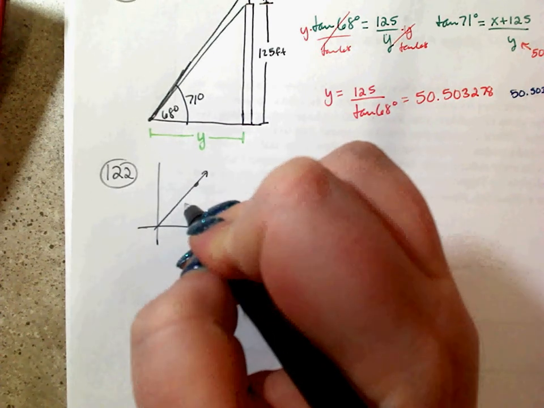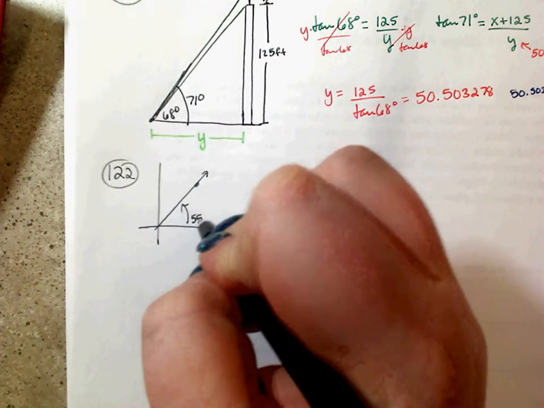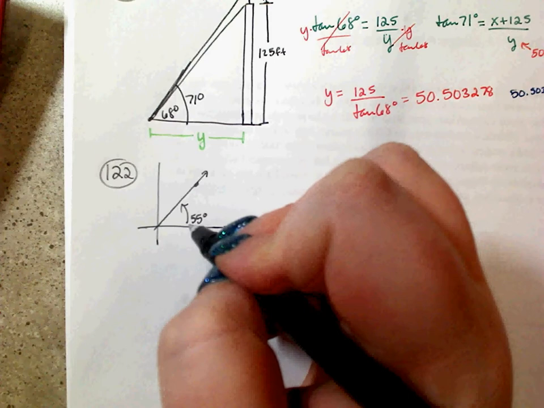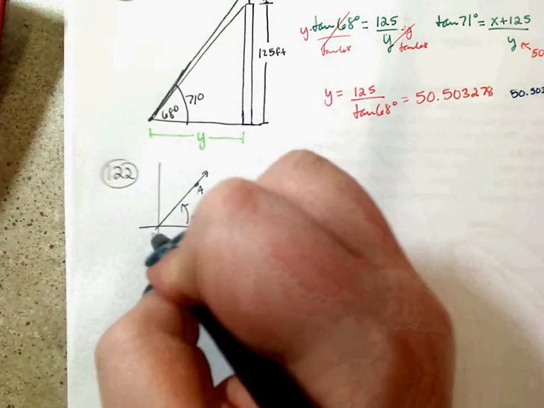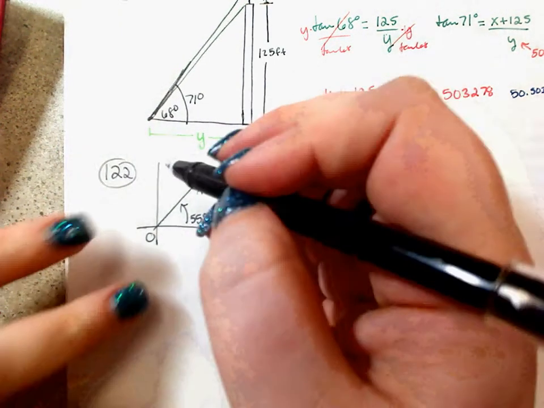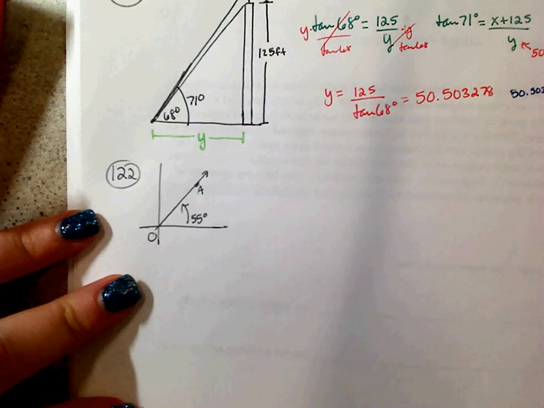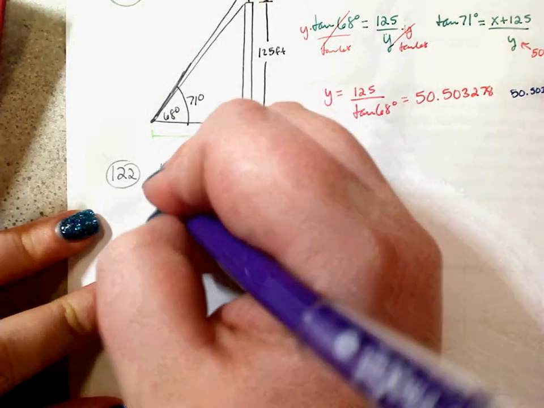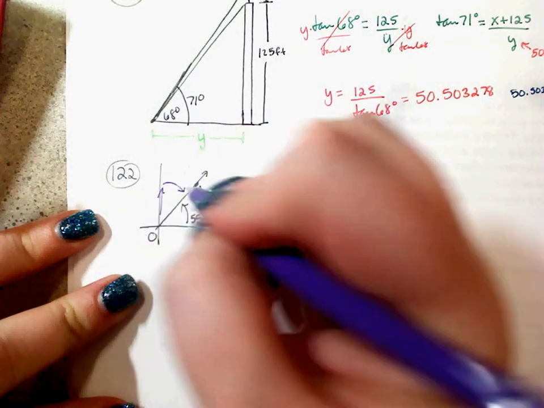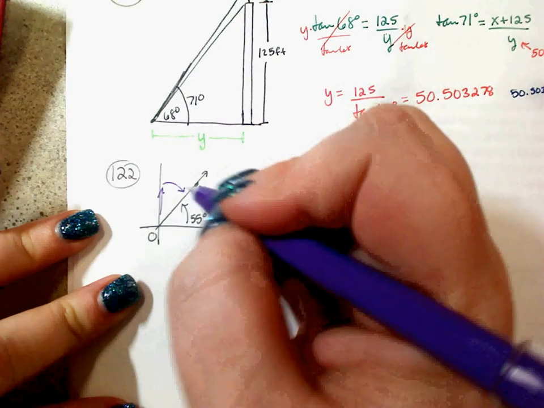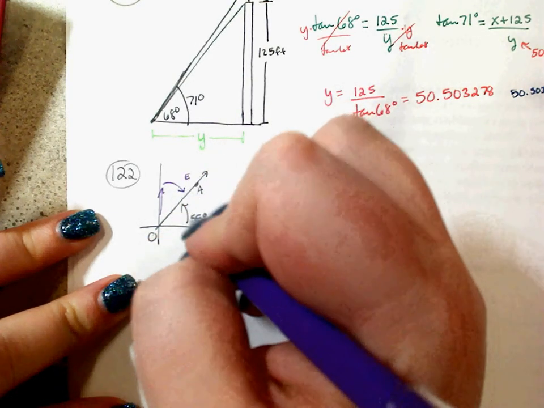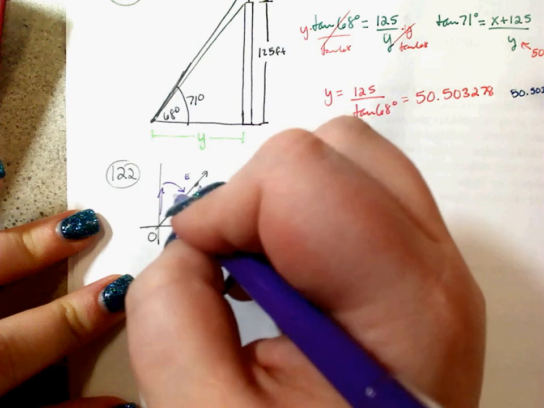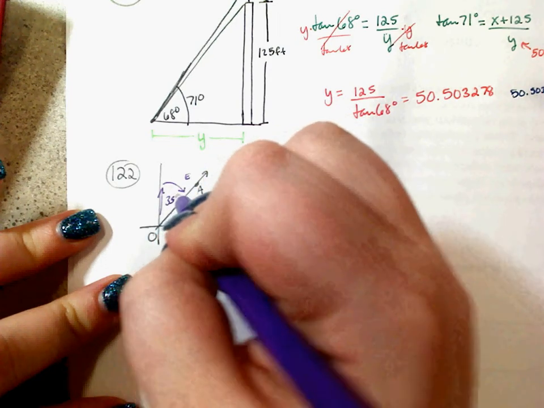And they want you to find the bearing from O to A, the origin to A, right? So in fact, you are traveling north, and then if you go this direction, you're going east, yeah? And 55 degrees this way means 35 degrees this way, because I've got to add it to 90. So your answer is north, 35 degrees east.